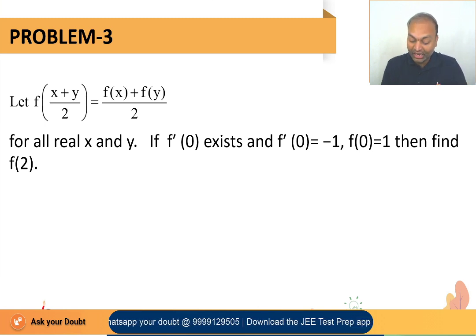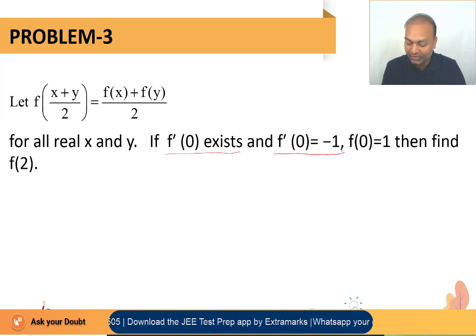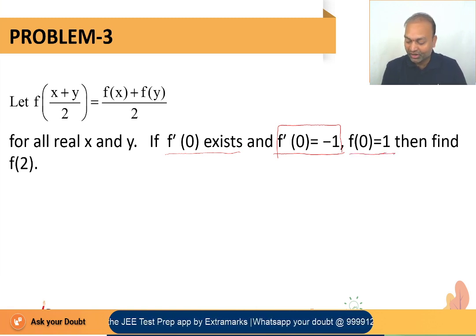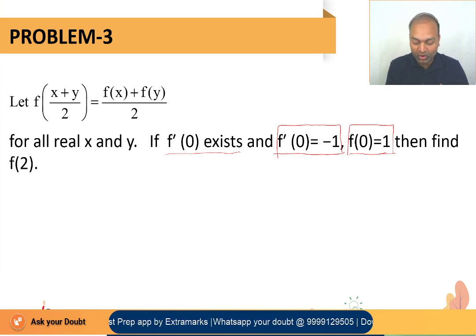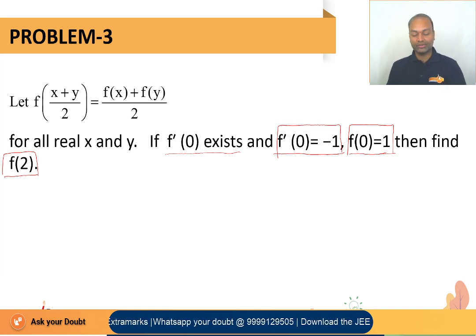If f dash of 0 exists, meaning the derivative exists at x is equal to 0, and the value of f dash of 0 is given as minus 1, and the second condition, f of 0 is 1. Then find the value of f of 2.